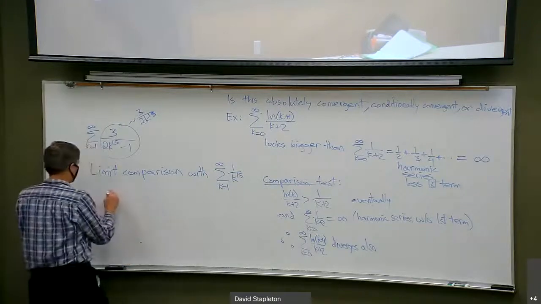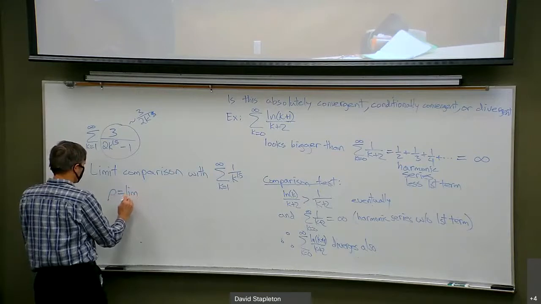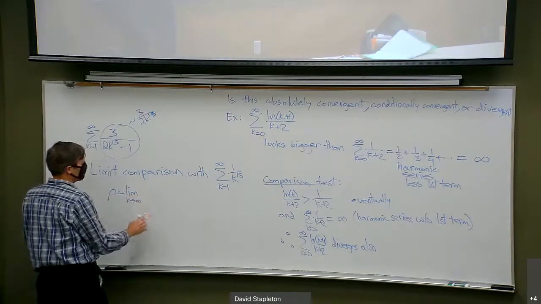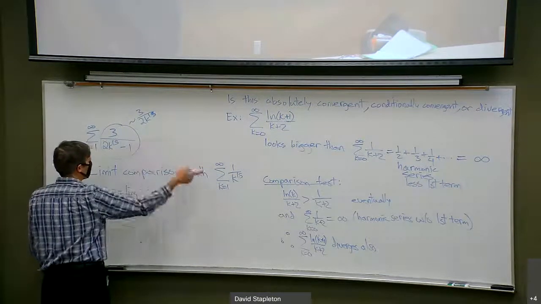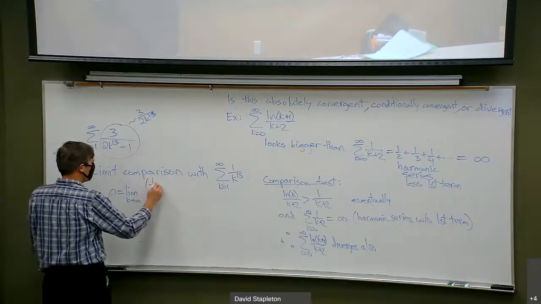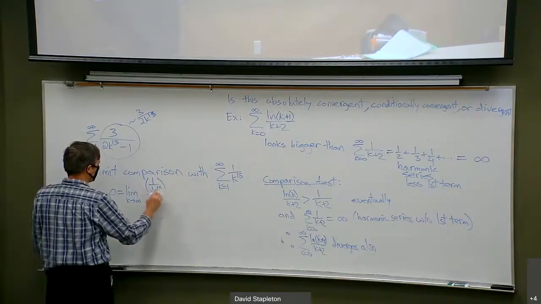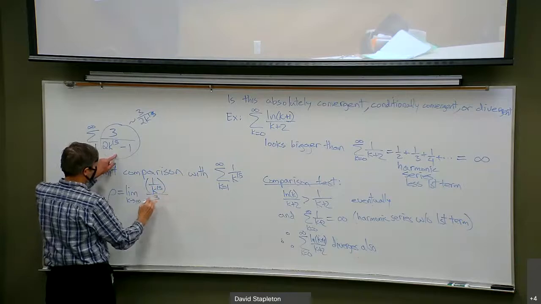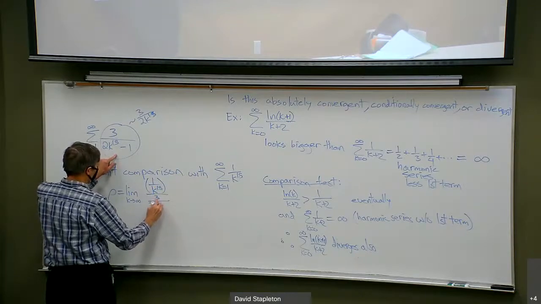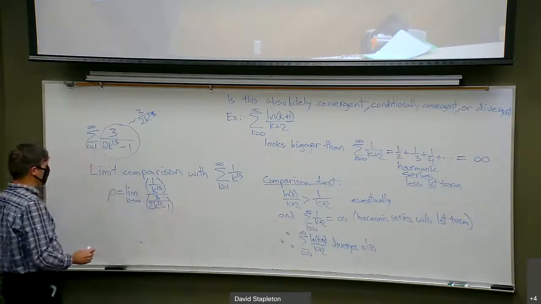And then you compute rho, the limit as k goes to infinity of the ratio of terms of this one to this one, or the other way around, it doesn't matter. So the kth term of this one, 1 over k to the 1.5, over the kth term of this one, 3 over 2k to the 1.5 minus 1. And what is that limit?